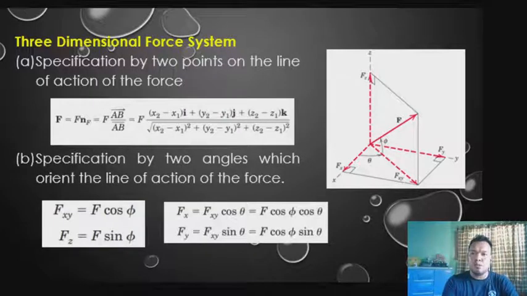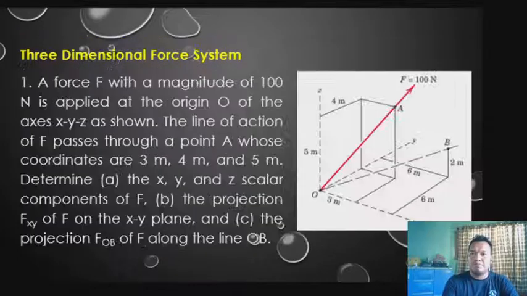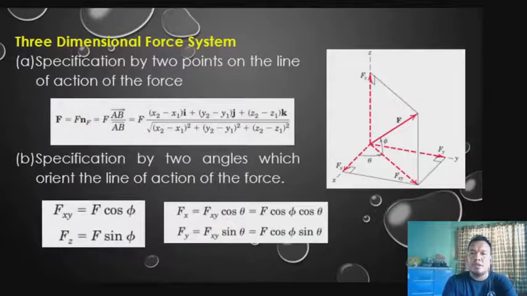So 2 points. So we have here F is equivalent kay F, yung value ng F ito, times yung segment AB. So the segment AB is ito siya, value niya. Then we have here line AB is yung buong line niya, no?